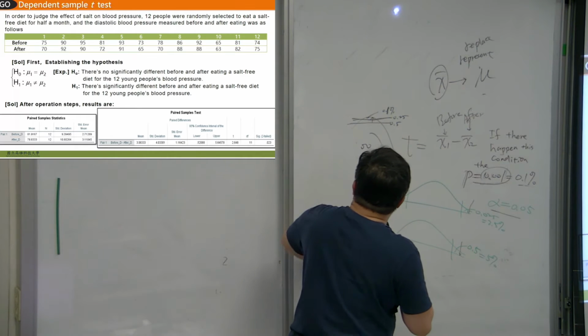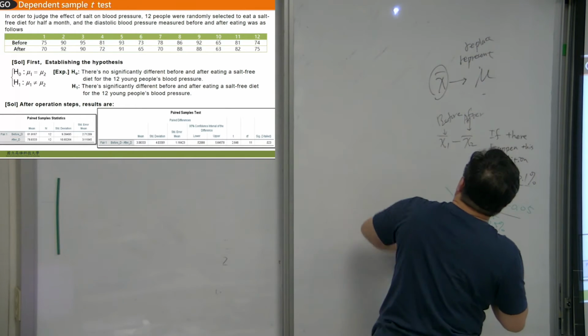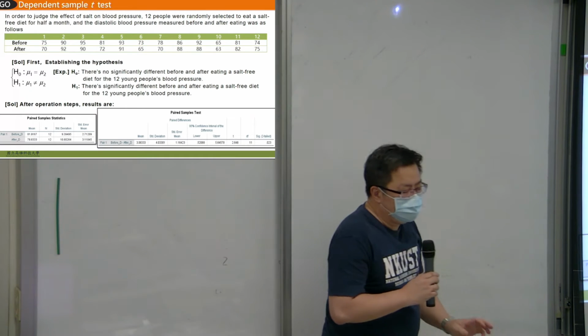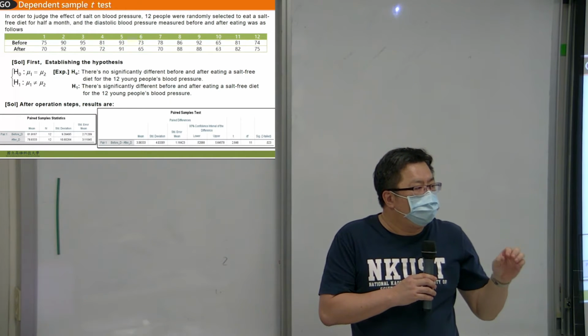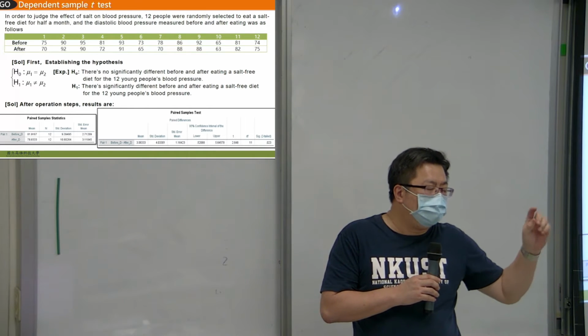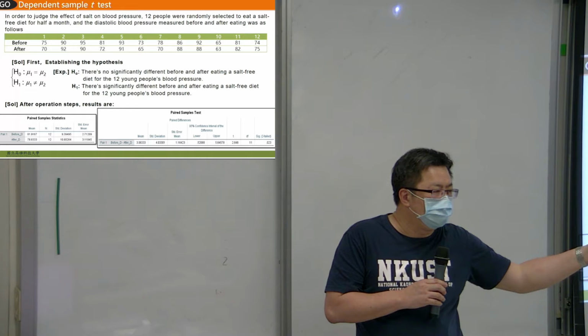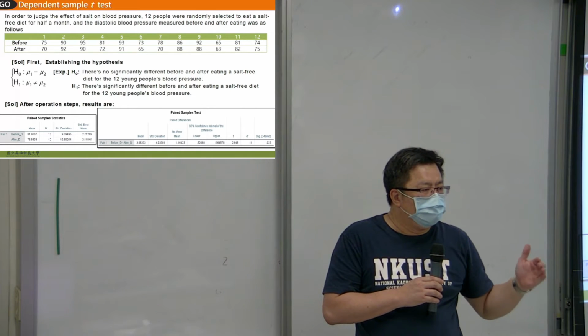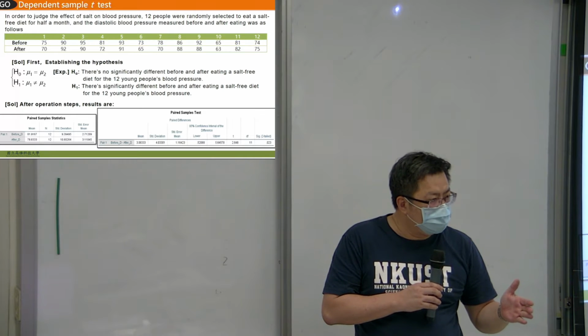Now, today we will continue. If we want to compare the average or the mean from three or more populations, what method do we have to use? ANOVA, okay?